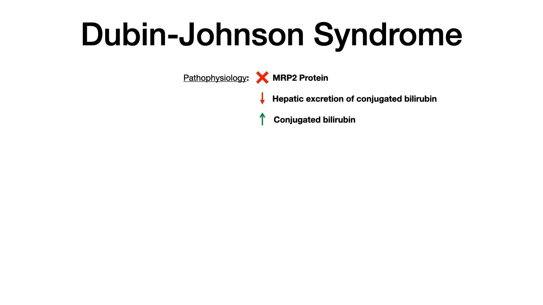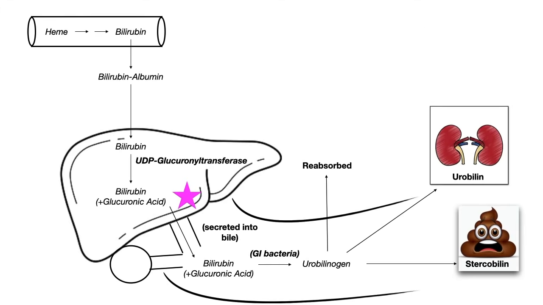And when that happens, as you see on this slide, where the pink star is located, if that bilirubin with the glucuronic acid attached to it can't leave the liver, then you have increased levels of conjugated bilirubin, as you see on this slide. So you knock out the ability to shuttle that conjugated bilirubin out of the liver, and you get increased levels of the conjugated bilirubin that has the glucuronic acid attached to it.